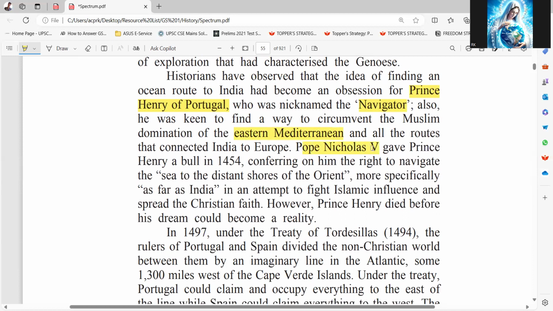Pope Nicholas V gave Prince Henry a bull in 1454, conferring on him the right to navigate the sea to the distant shores of the Orient, most specifically as far as India, in an attempt to fight Islamic influence and spread Christian faith.